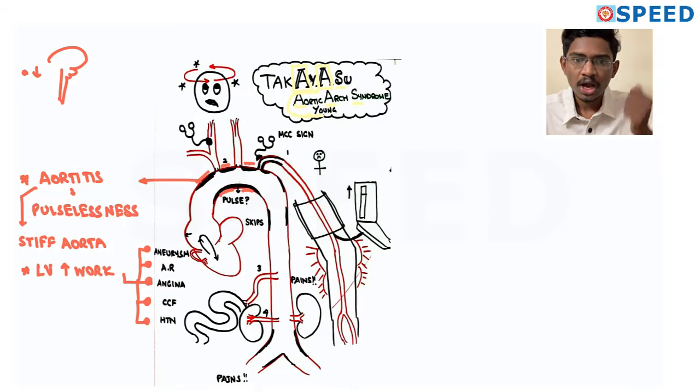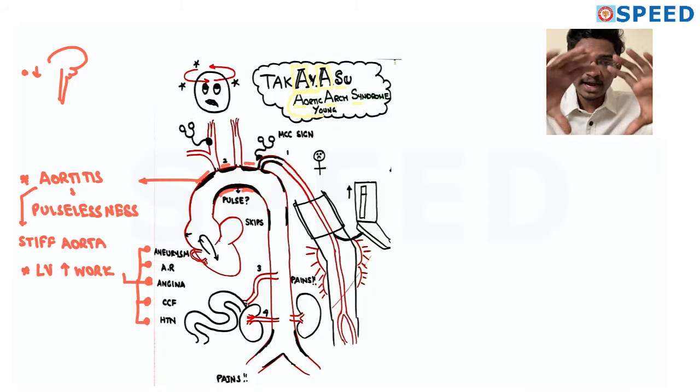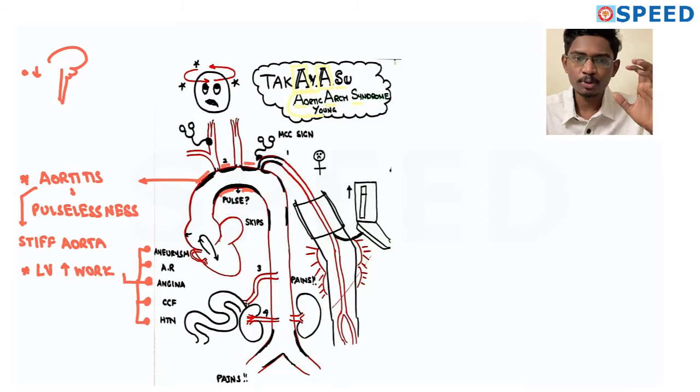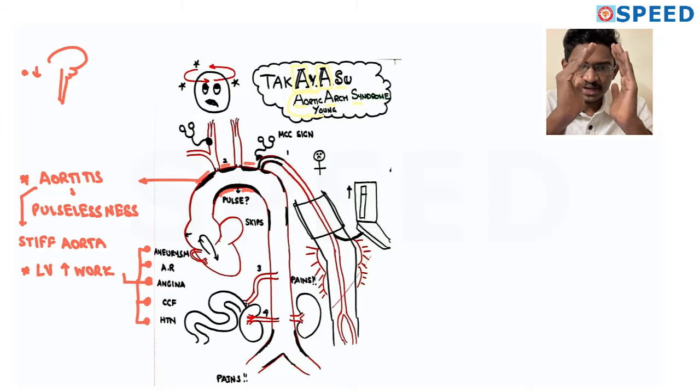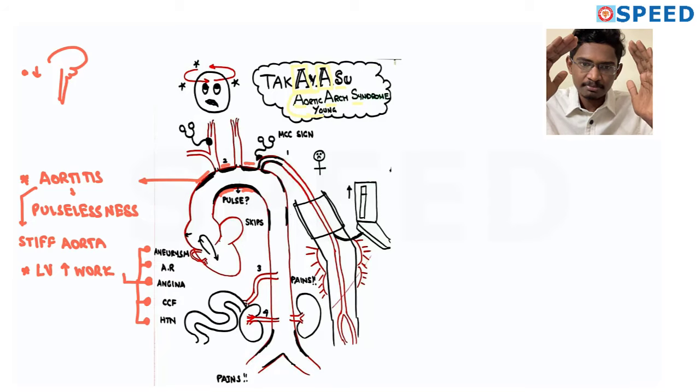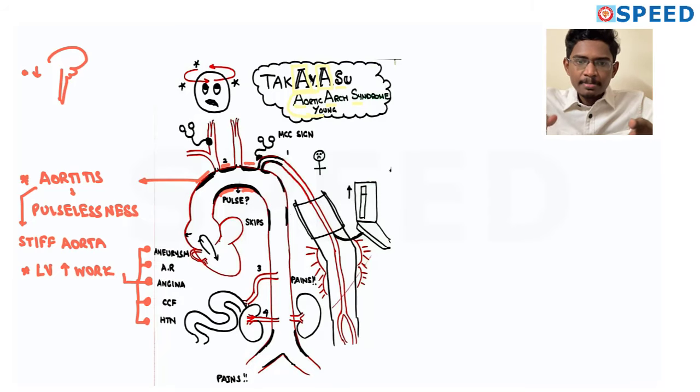Also, due to vasculitis, the aorta can be weakened and dilatation can happen, contributing to aortic aneurysms. If the aortic root is getting dilated, the blood pumped into the aorta will flow back into the left ventricle again. That will contribute to aortic regurgitation.